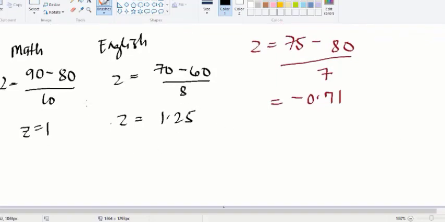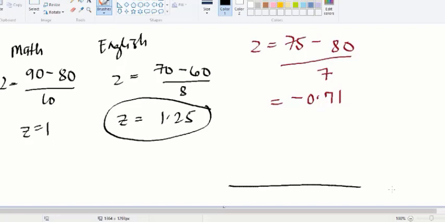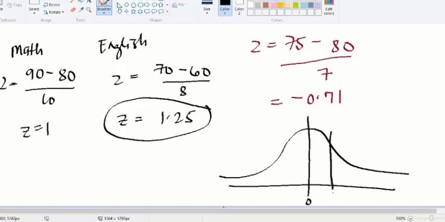I'm so sorry. So looking at this, you can already generalize that her standing in English is way better than math. Kasi nga, kung i-plot mo siya sa normal curve, okay, this is your 0, this is 1, and then this is sabihin natin 2. So, yung math is on the 1. Nandito siya ang standing.